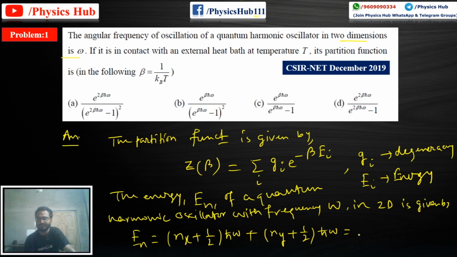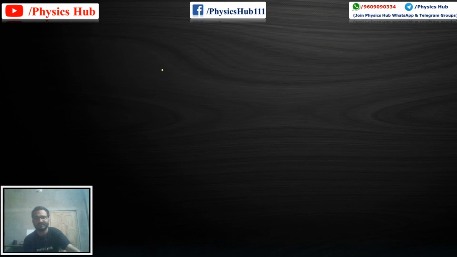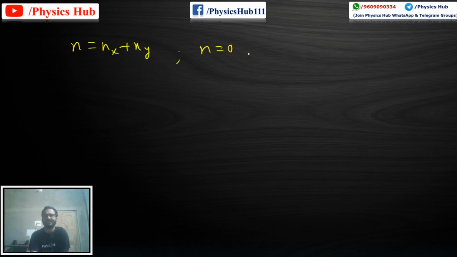We can combine these two: nx plus ny plus 1 times h cut omega, where nx and ny run from 0, 1, 2, 3 and so on. It becomes n plus 1 h cut omega, where n is nx plus ny, and n runs like this: 0, 1, 2, 3. So we get an expression of energy.